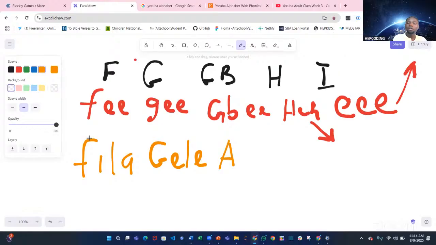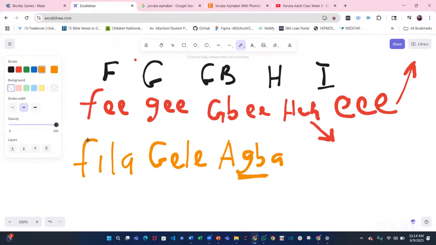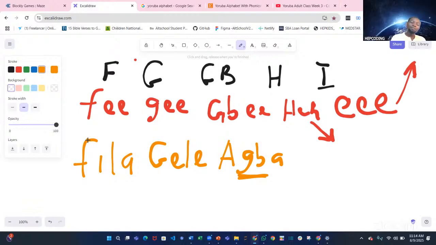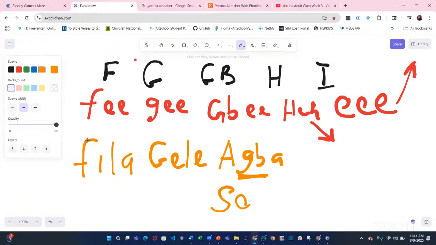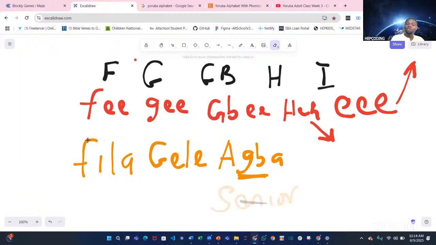Agba. You see that? Agba. Ìyá àgbà. What do you think ìyá àgbà means? Yeah. Is mother. Agba is older, like senior. Oh, okay. So this means senior.